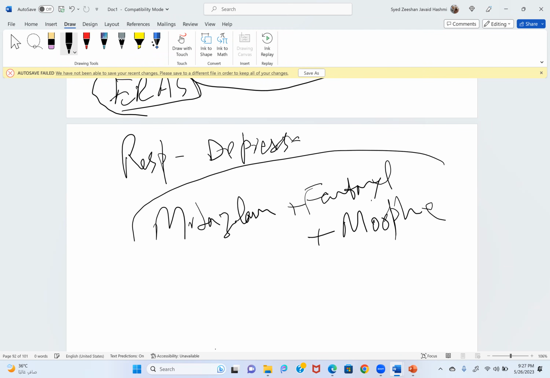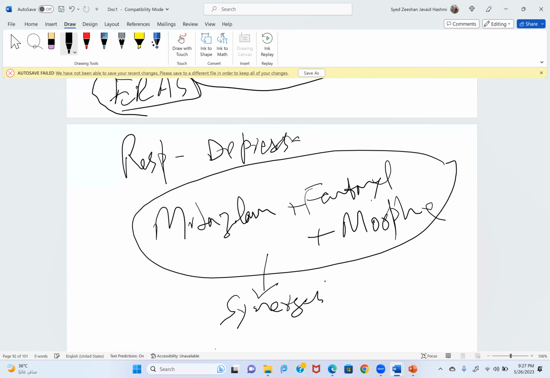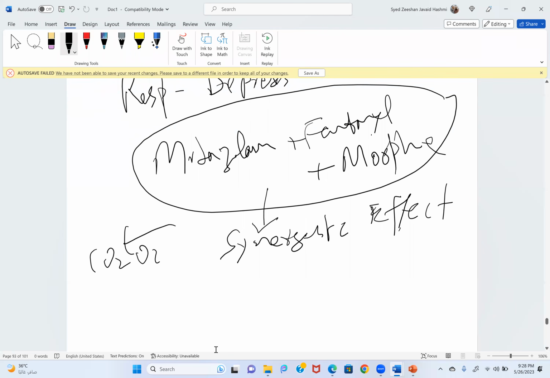Okay, so now a combination which will have synergistic effect on respiratory center. It will decrease the response of CO2 and O2 to respiratory center. Okay. So, what is the meaning of synergistic effect? That it is not 1 plus 1 is equal to 2. It will be 1 plus 1 is more than 2. It may be 3. It may be 4.